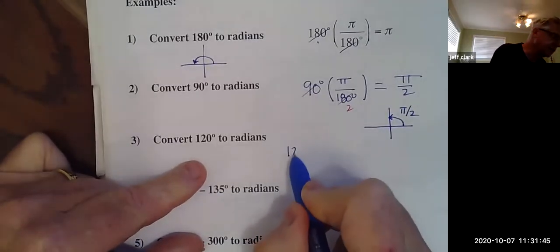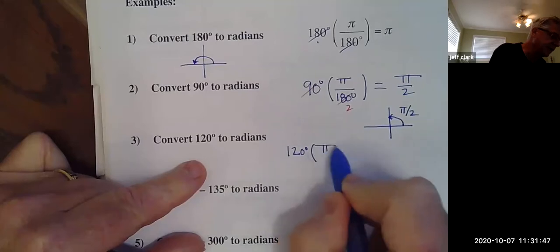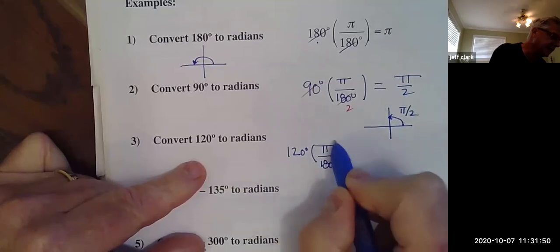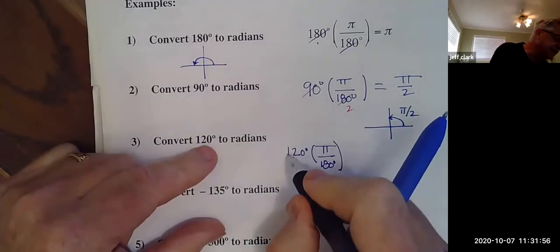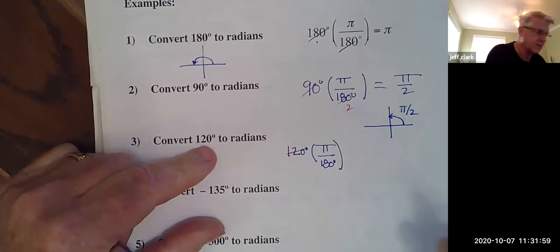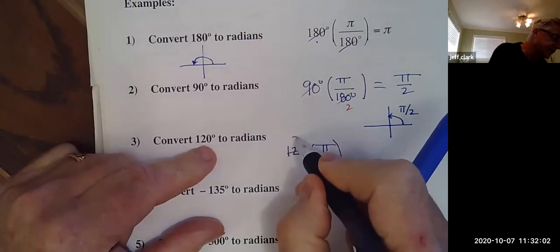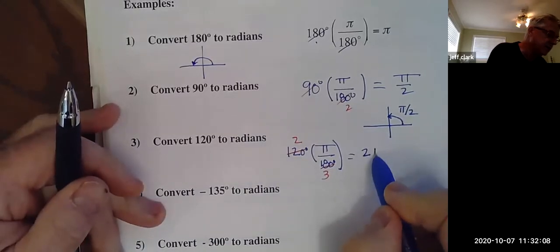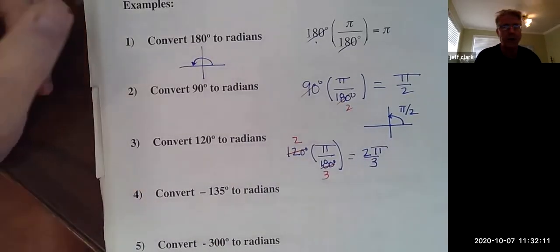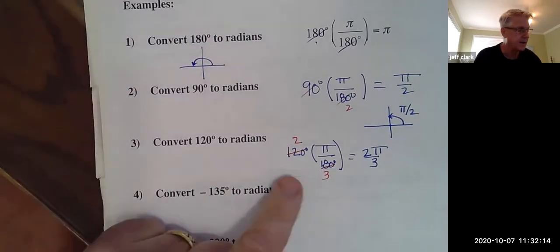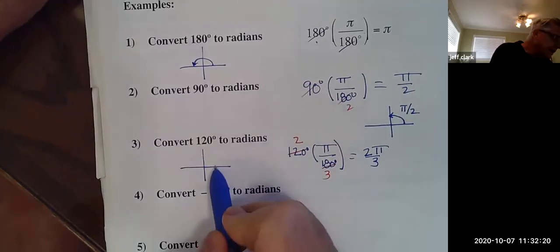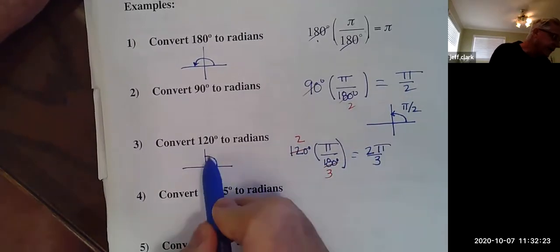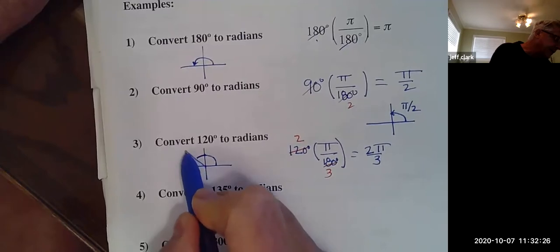120 degrees, you go 120 degrees. Again, pi divided by 180. You'd say, okay, they don't cancel, but certainly 60 goes into both. 60 divides into 120. Let's see, 2 times. 60 goes in here, 3. So the result looks like it's 2 pi over 3 radians. If you're going to look at a 120 degrees measurement, this would be 90 plus another 30, kind of lands you right about there.